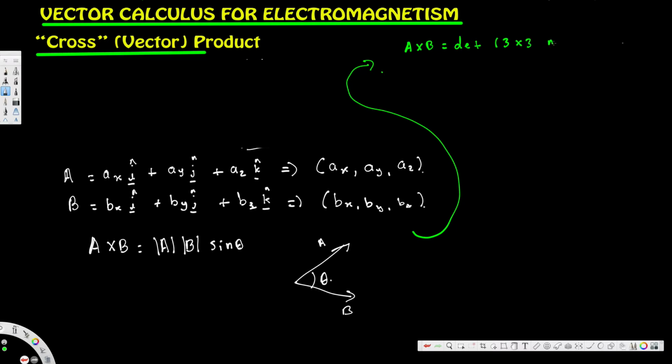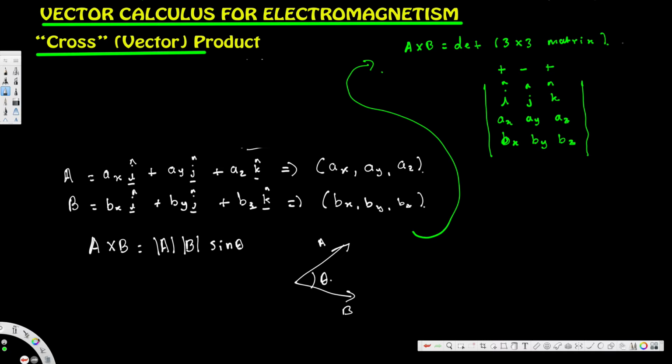First we put the i, j, k components, and after that we put the values: for a we have ax, ay, az, and for the b vector we have bx, by, bz. If you remember the determinant for a 3 by 3 matrix, we use the signs plus, minus, plus.